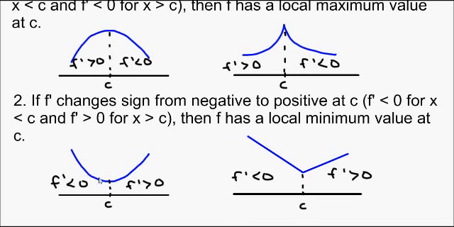So again, you see you have your negative slope, f prime is less than 0, then your positive slope, f prime is greater than 0, and here is point c. This function would be differentiable at c. Same thing here, except we have a corner at c, so your function is not differentiable at point c.